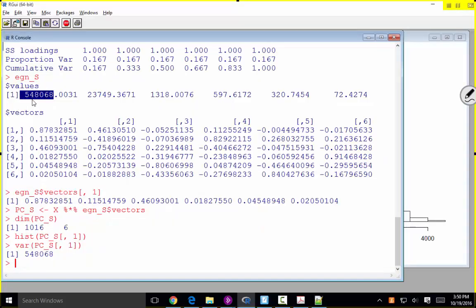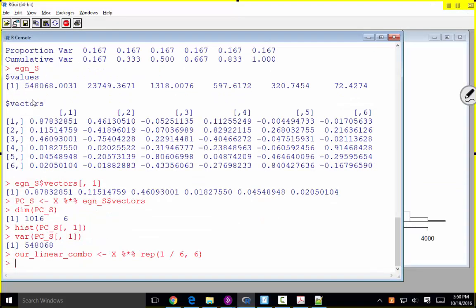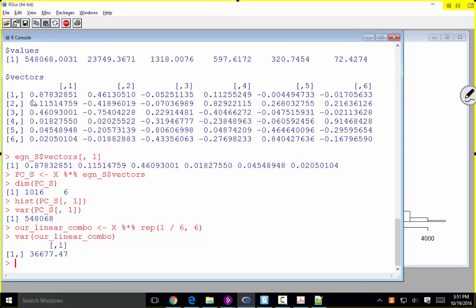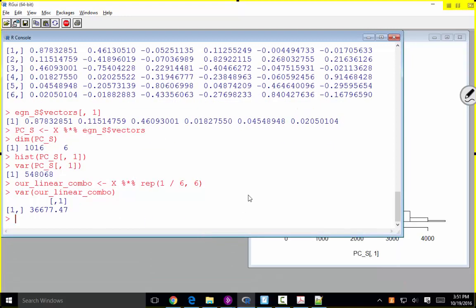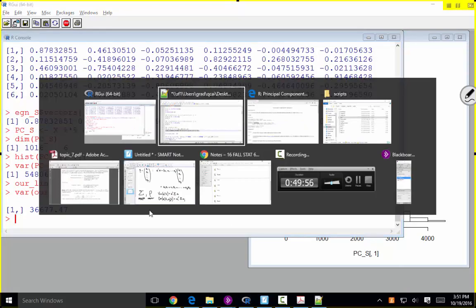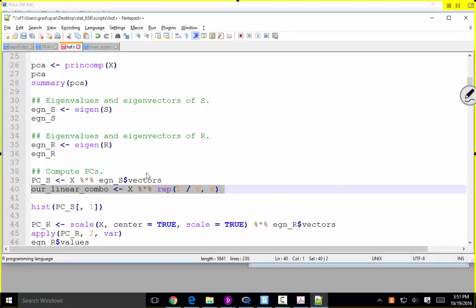This is another linear combination of the variables, but we know for certain that its variance is going to be smaller than the one we just got. If you tried every other linear combination, as many as you wished, you would not be able to beat the amount of variability explained by the first one. Okay, that's the first principal component.